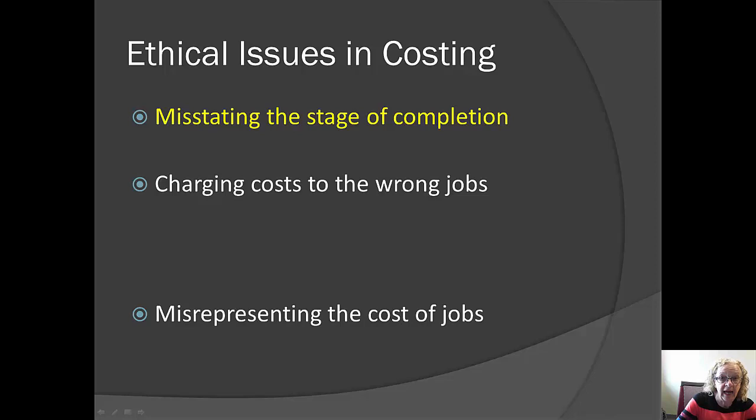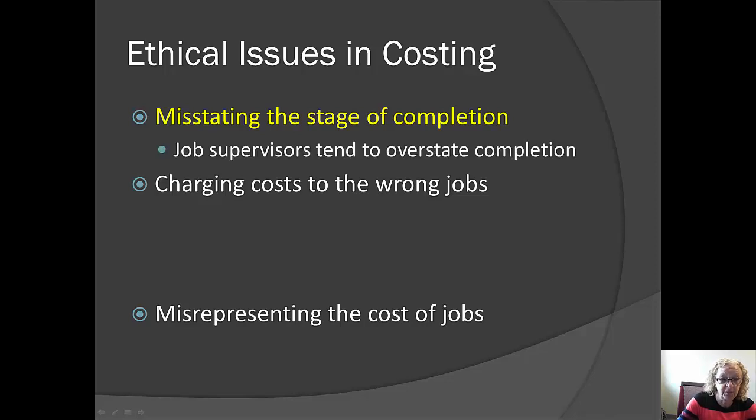One way that managers can manipulate a job cost system is to misstate the stage of completion. In other words, say that a job is either more complete or less complete than it actually is.